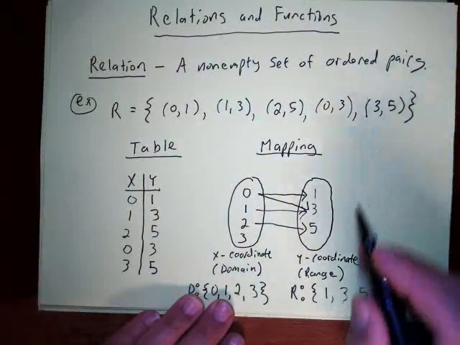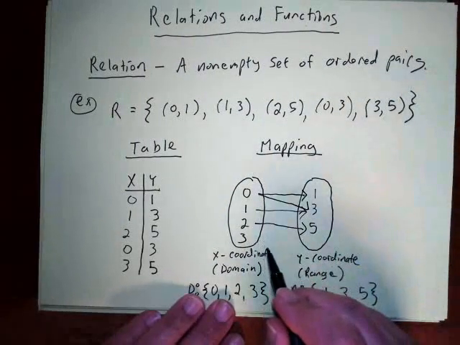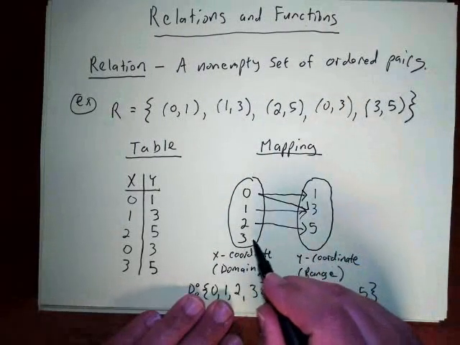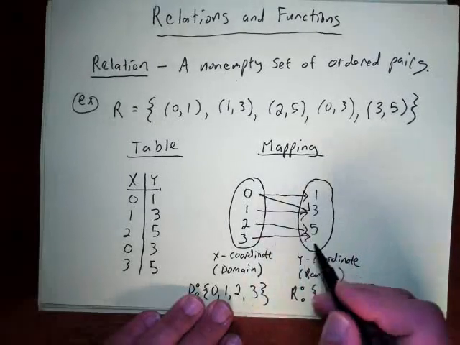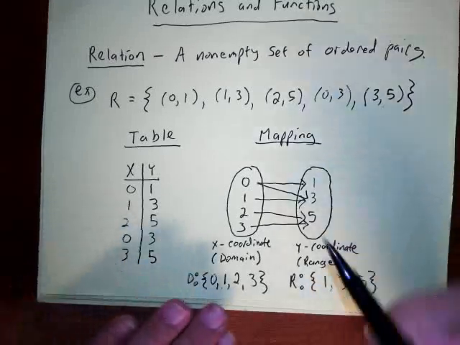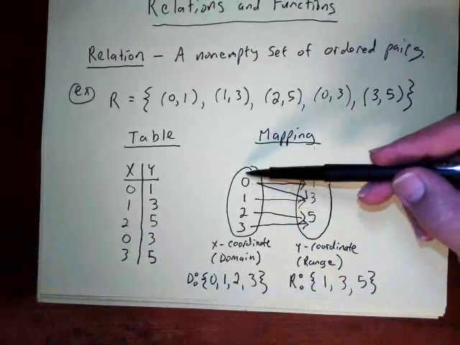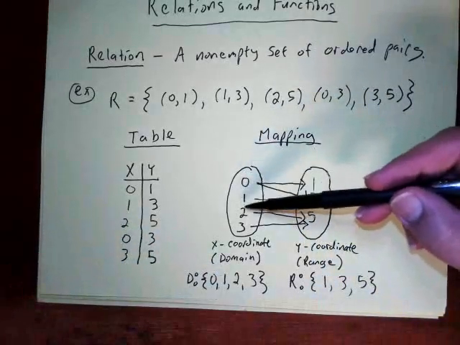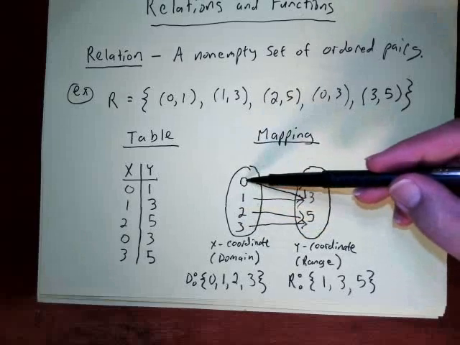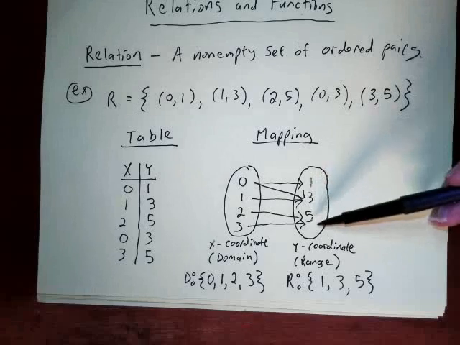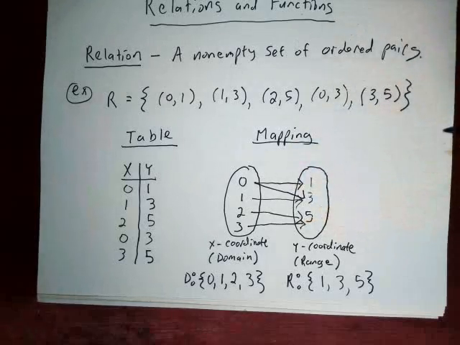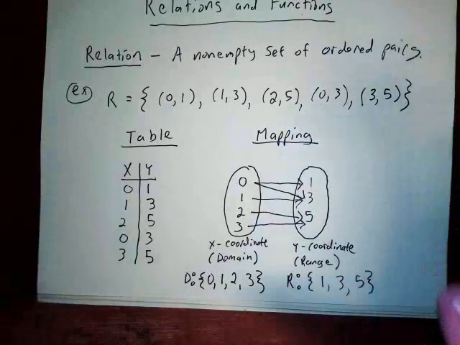And then this last ordered pair takes 3 to 5. So this is going to 5 as well. And so a mapping is just this visual picture, and it's kind of like you're taking these elements in this domain and mapping them onto elements in the range. Okay? And that's another way of looking at a relation.